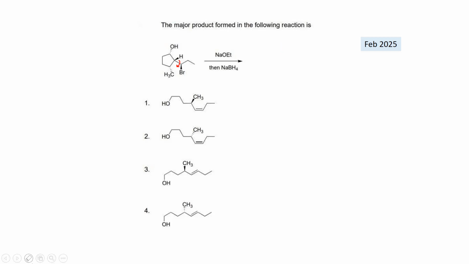In presence of NaOH it can undergo anti-elimination, but if you can see, the adjacent H and bromine are not anti to each other, they are in the same plane.